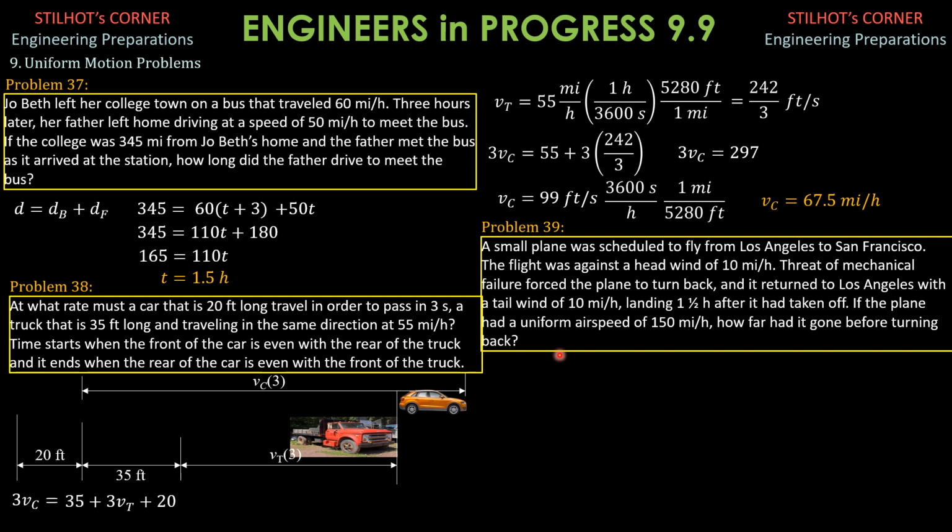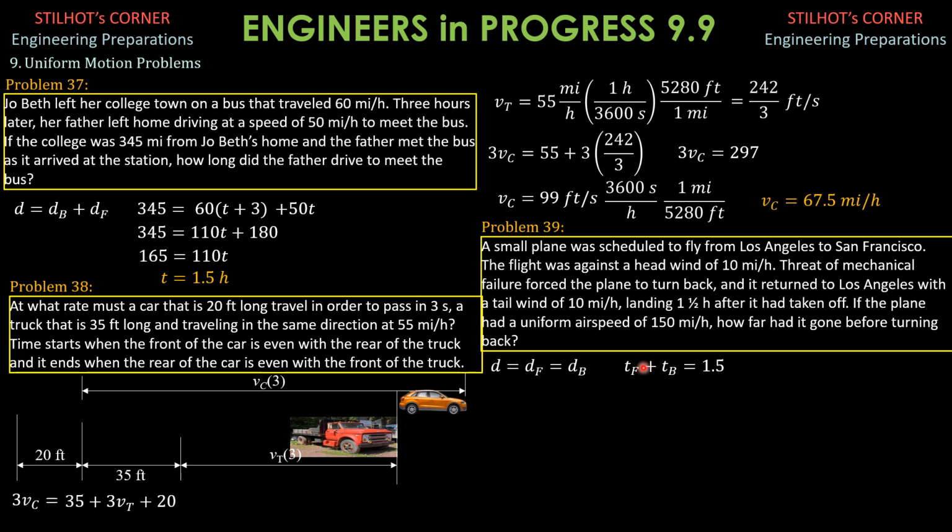So same distance. So call it distance forward and distance back. So D equals distance going forward, and the same D going back. And also, time in going forward plus time in going back is 1.5 hours.